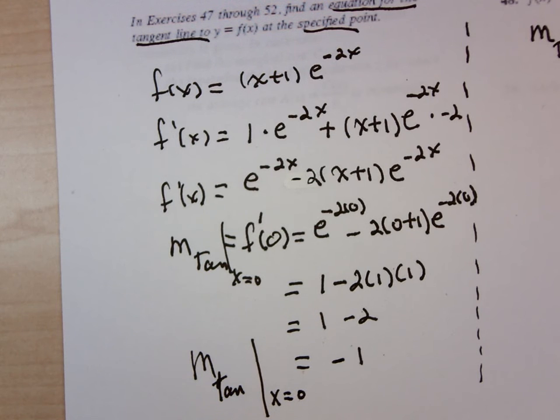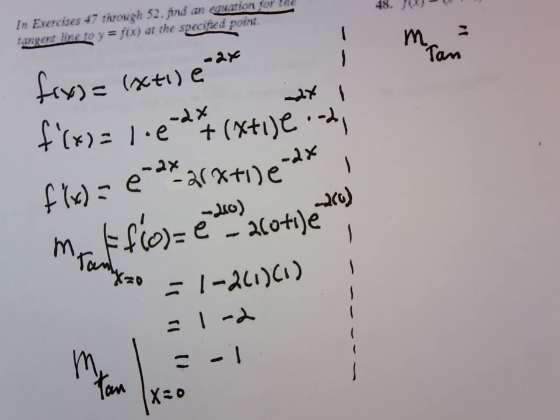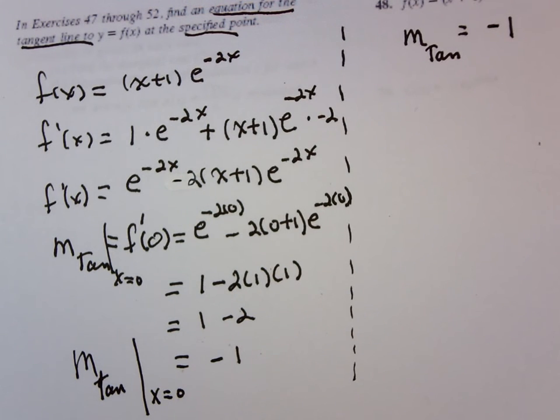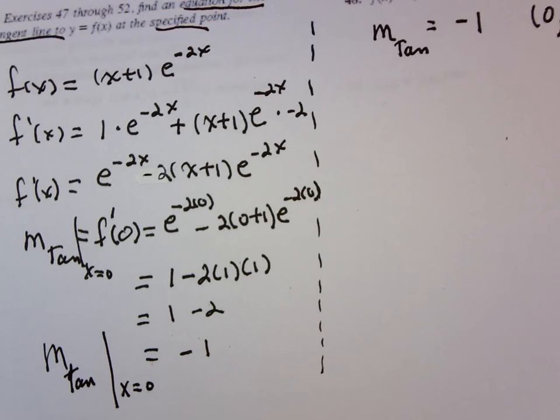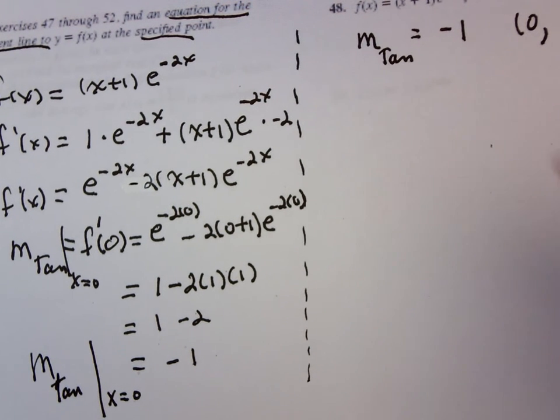So now I have the slope of the tangent and I have a coordinate point. I can find the equation of the tangent, right? The slope of the tangent is negative 1, and the coordinate point is (0, 1).